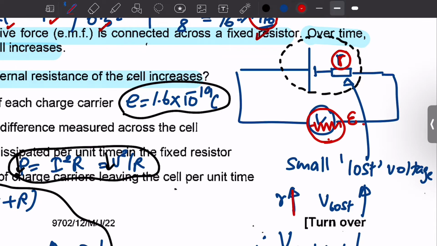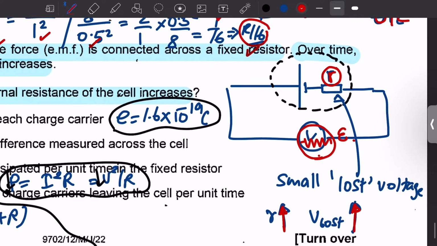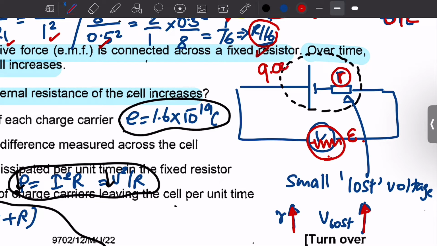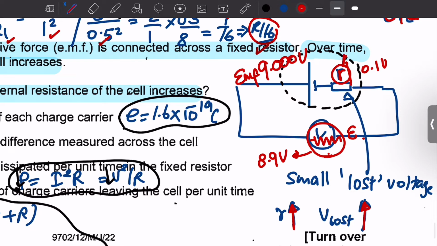But when R increases, lost voltage also increases. Let me give you an example. Let's think this is 9.000 volt EMF. Now let's think this one takes 8.9 volt. This is only 0.1 volt. But then this resistance increases. This gets more important. So this resistance now starts getting 0.3 volt.